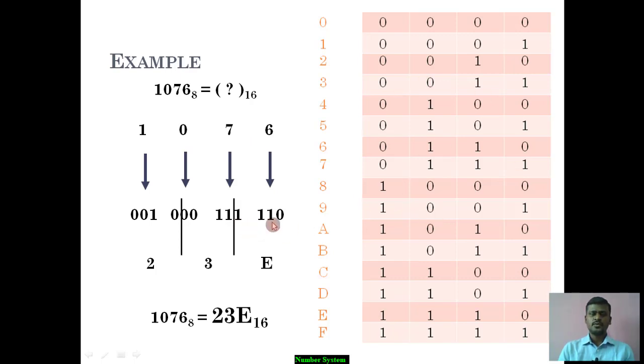For 1110 we have E, for 0011 we have 3, for 0010 we have 2. So these are the equivalent hexadecimal values for any particular octal number. This is how we can convert from octal to hexadecimal numbers.